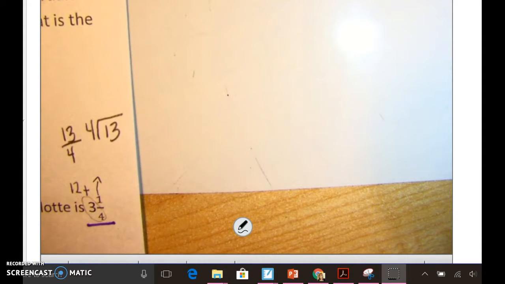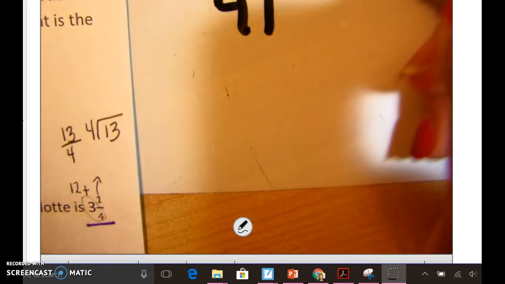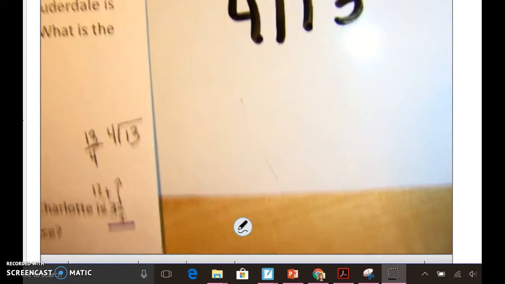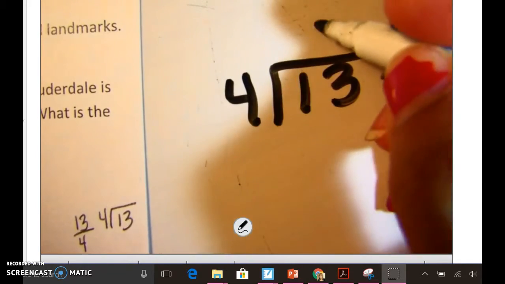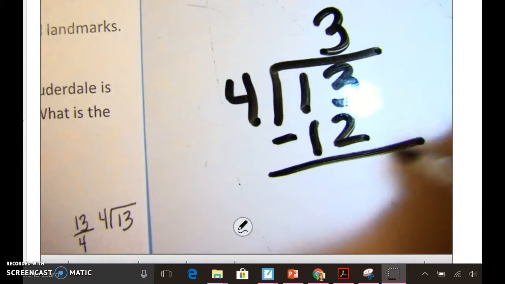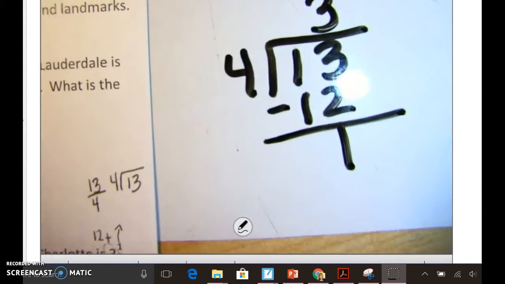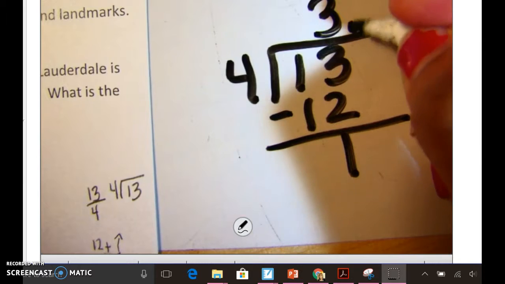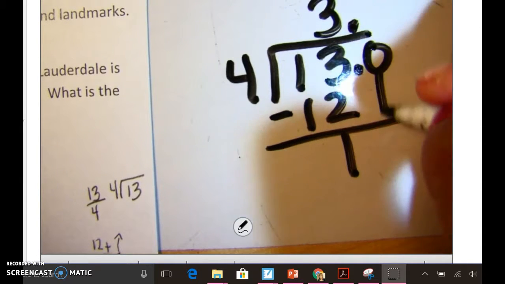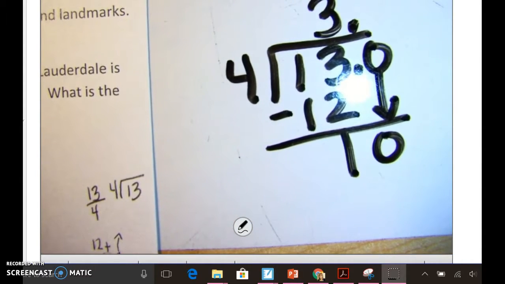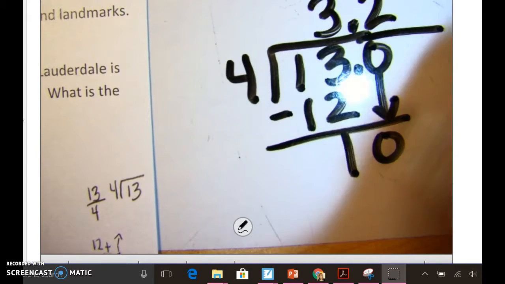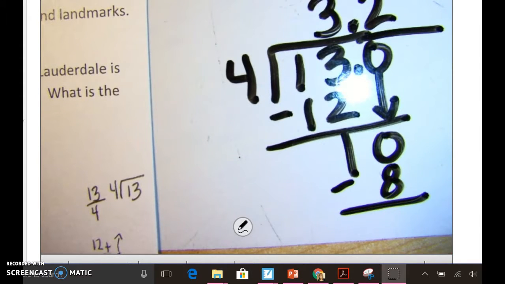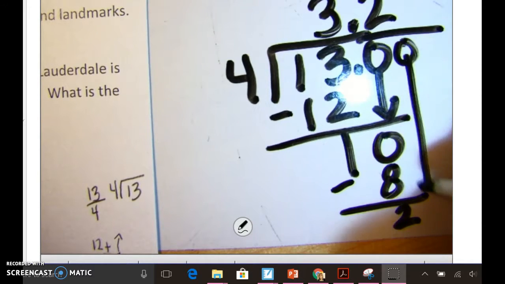I think I'm running out of room, so I'm going to work it out on here. You work it out in your notebook if you ran out of room. How many times will it go? It will go 3. I have 1 left over, and I'm going to put a decimal here and a decimal here, and I can add a 0. And 4 goes into 10 twice. 10 minus 8 is 2, and you add a 0 and bring it down.